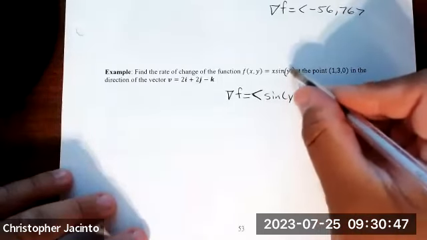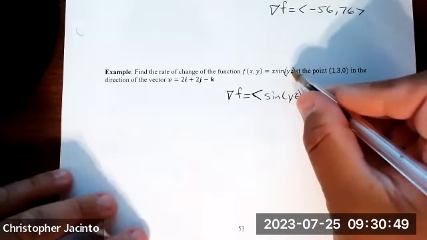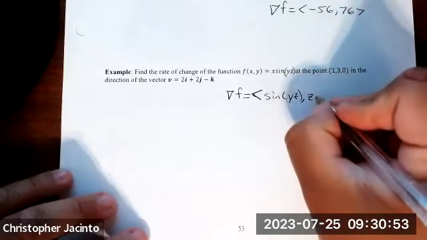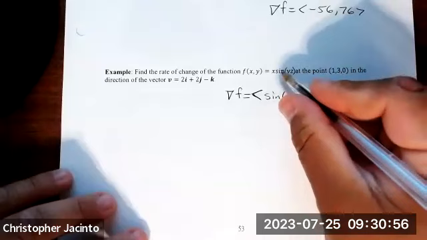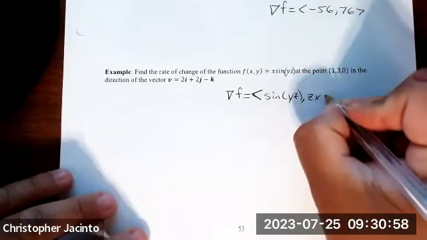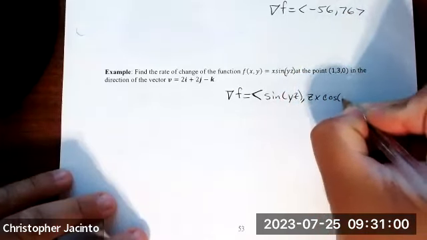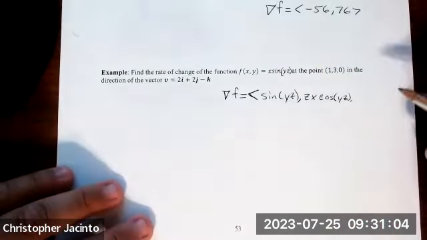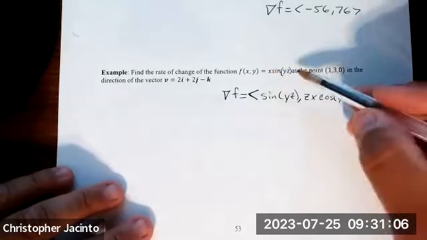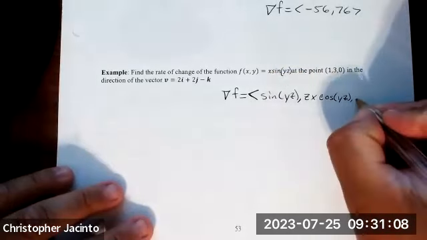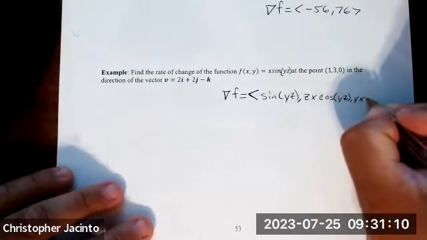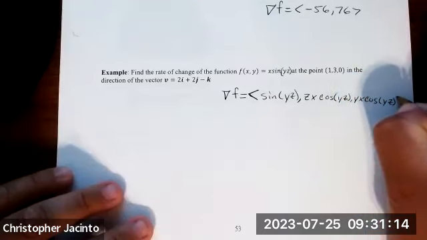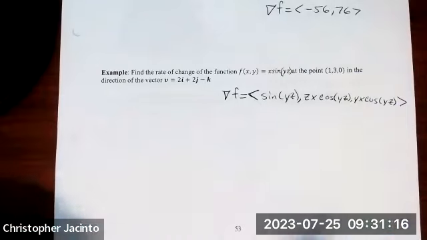The derivative of the inside with respect to y is just going to be z, and the outside is going to be x, and the derivative of sine is cosine. And then with respect to z it's the same process. The derivative of the inside is just going to be y, and the outside is again cosine. There we go. So there's our gradient vector.